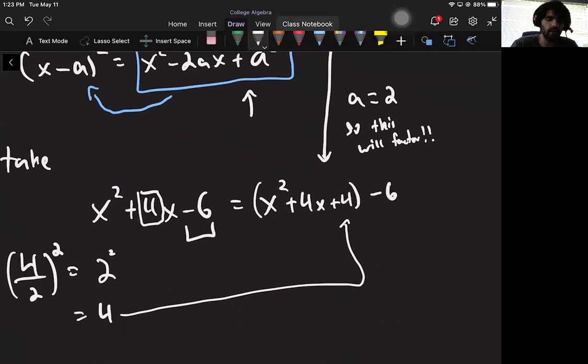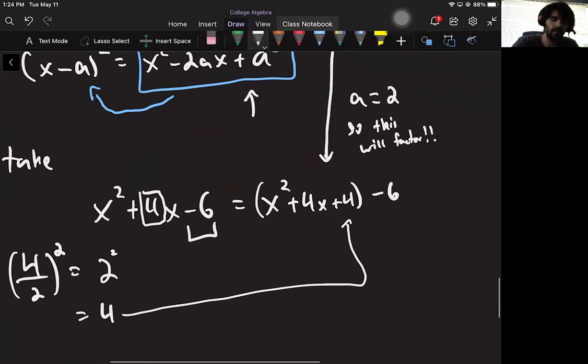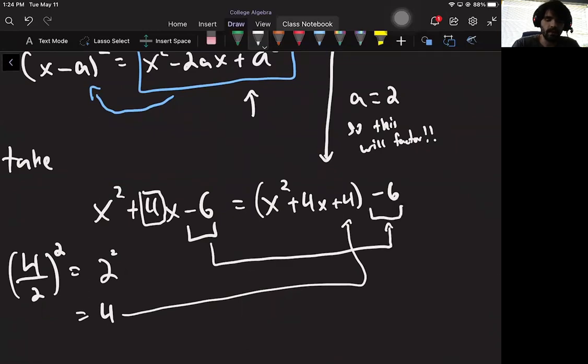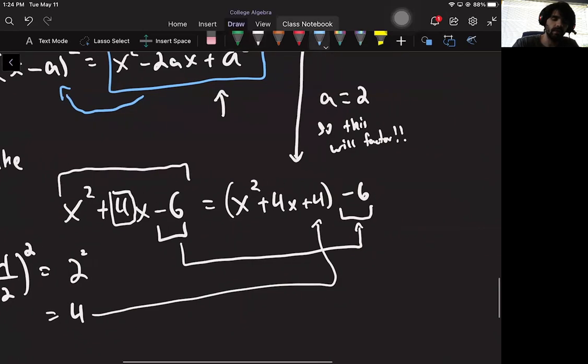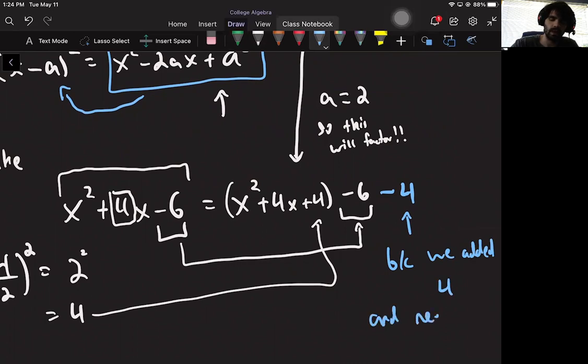You can't change an equation, or else it's a different equation. And right now I have changed this equation, so it's not the same as what I started with. But I want it to be exactly equal to what I started with. Well, what I need to do now is I need to subtract a 4 because we added a 4. And so we need to not change the expression.